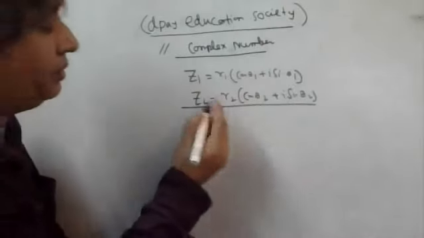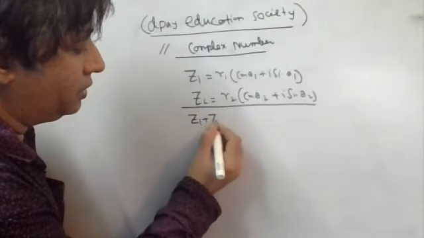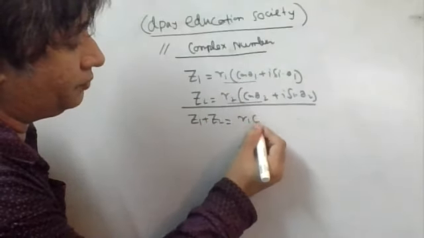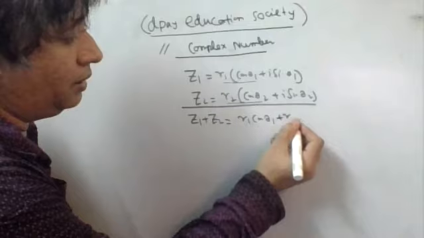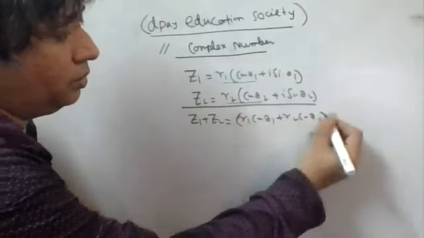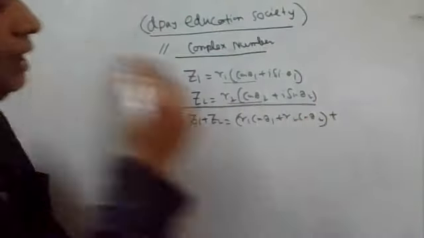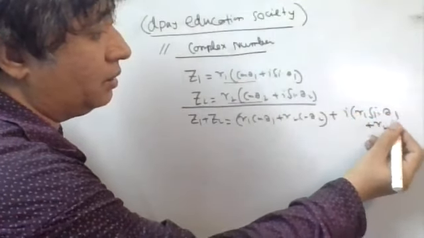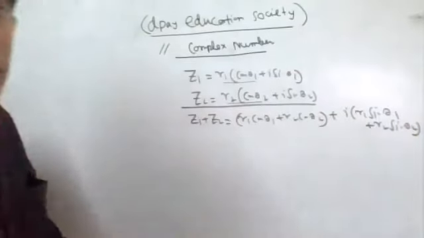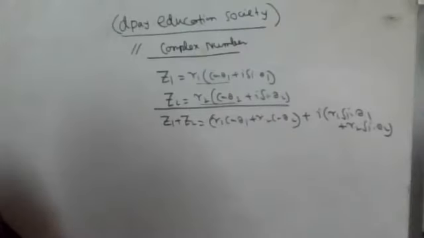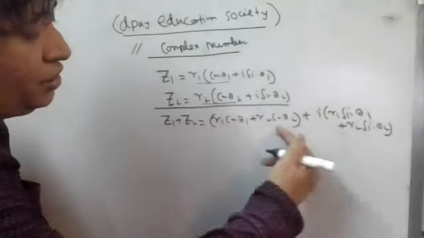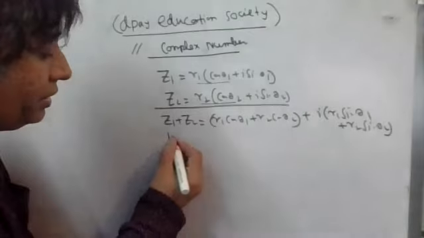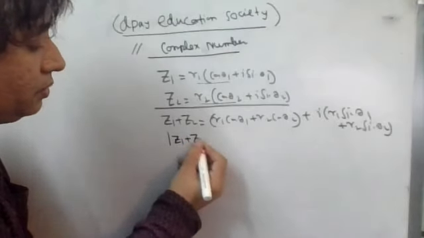You are quite familiar with this type of addition now. Z1 + Z2: real part will be added with real part, so (r1 cos theta1 + r2 cos theta2) + i(r1 sin theta1 + r2 sin theta2). So this is the addition of two complex numbers in polar form. Now you take its magnitude.